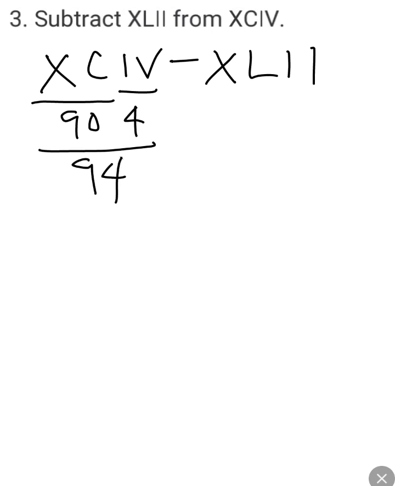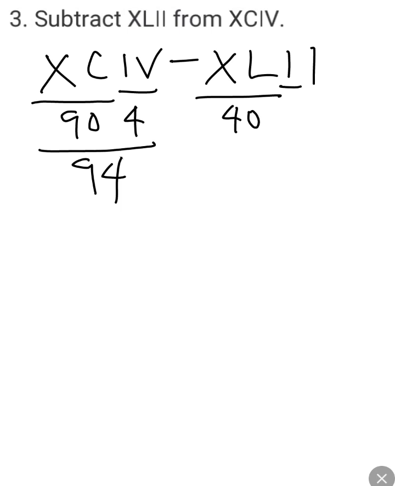So that's 94. So we go to the other one, and we are having X before L, so it's dependent, it's not on its own, so it's going to be a debit to the L, and so that again is going to be 50, that's for the L now, minus 10, and that's 40. Then the next two numerals are II. None of them is bigger than the other, so each of them is on its own.